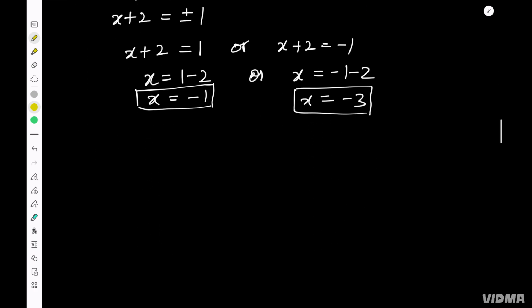So our parabola would be like this. This is negative 3 and this is negative 1.